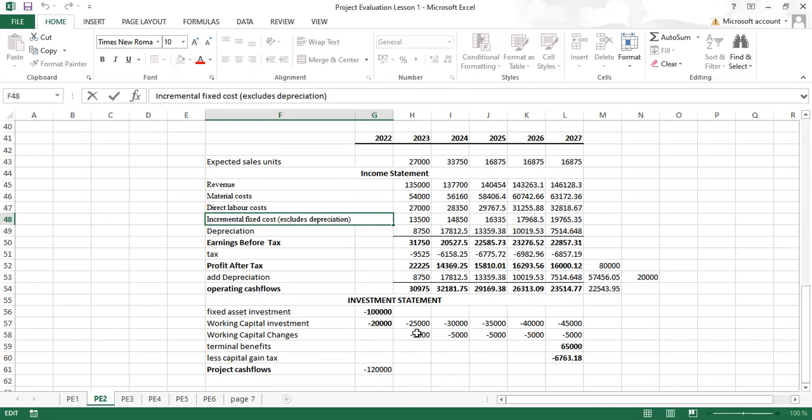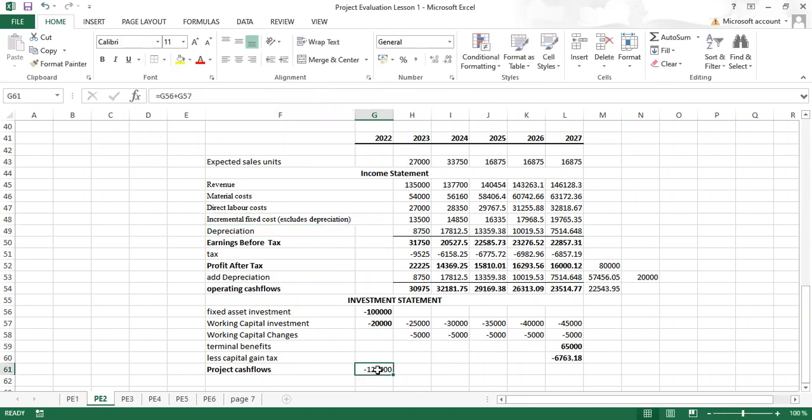As a continuation of where we were estimating the project cash flows, Control B, Alt HBP to put a top border. You come to 2023, equals. Under 2023, we'll take our operating cash flows, shift plus, and we'll not take the working capital investment because we only invested 5 million.